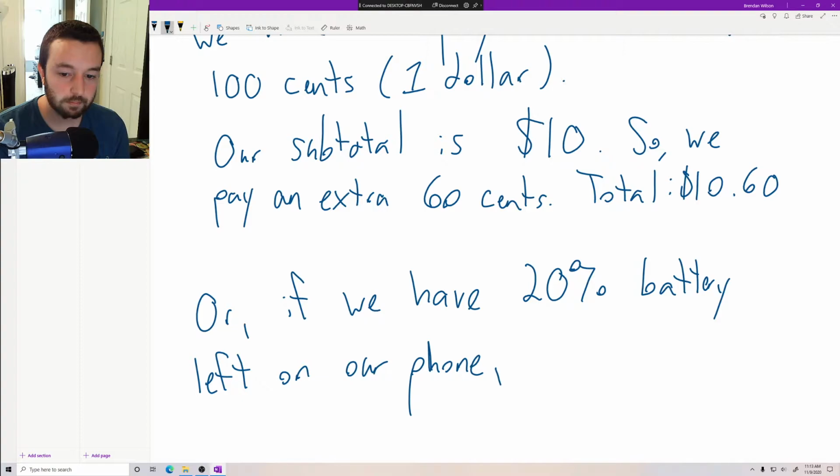But if your phone holds, say, like 300 power, then that means we have 20 left for every 100 power that it has. If it was 300, that means that we would have 60 left, right? Because we would do that 3 times to go from 100 to 300. We have 20% battery left on our phone.